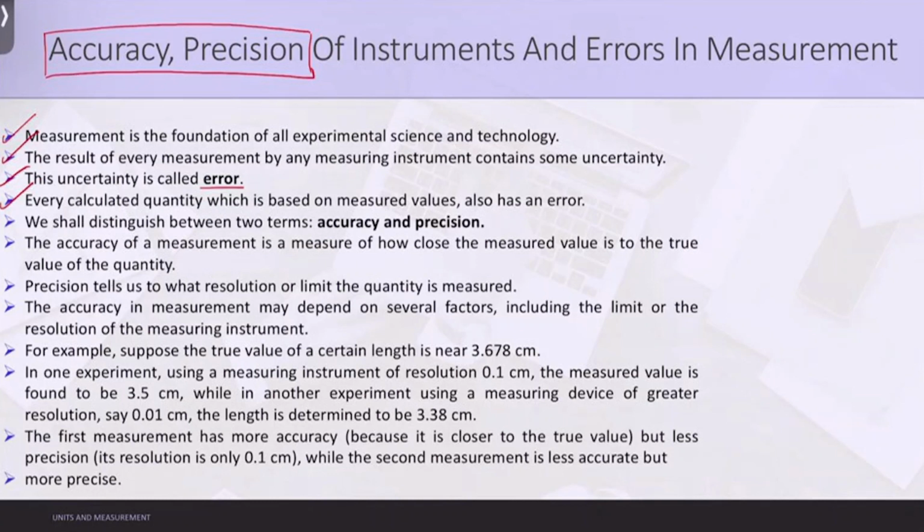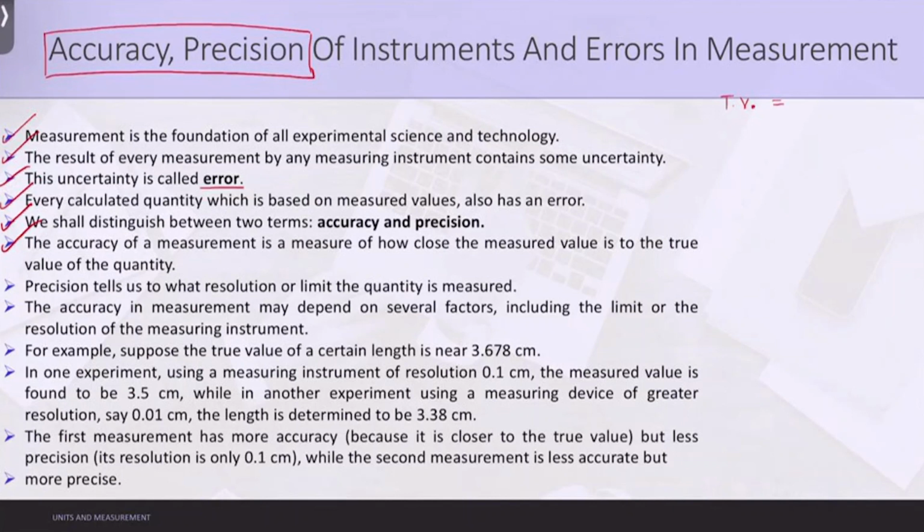So let us understand this. What is basically the difference between accuracy and precision? The accuracy of a measurement is a measure of how close the measured value is to the true value of the quantity. Example, let's say I write TV as the true value.